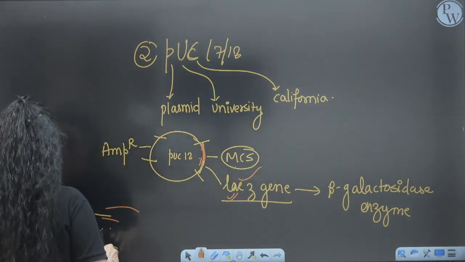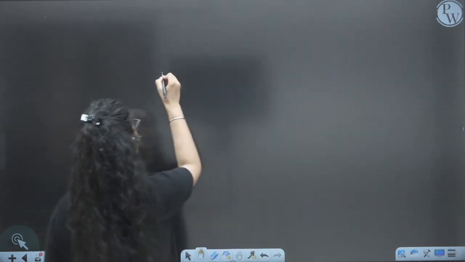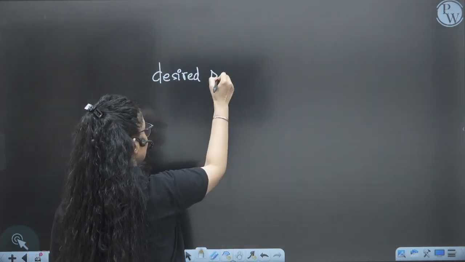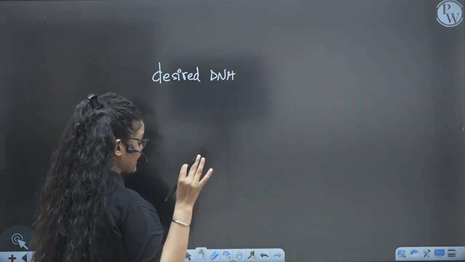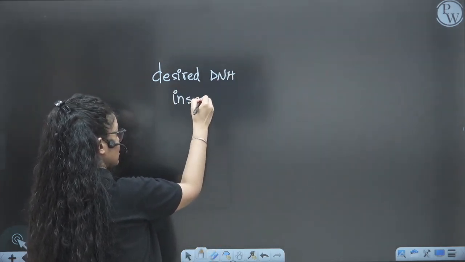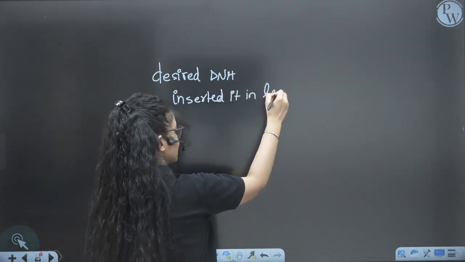So let me take the example of pUC18. Suppose we have the desirable DNA, and we are inserting this desirable DNA into the lacZ gene site.